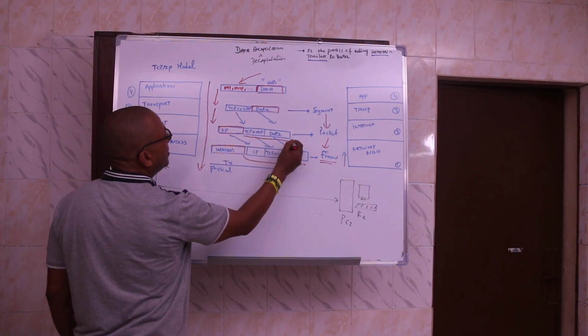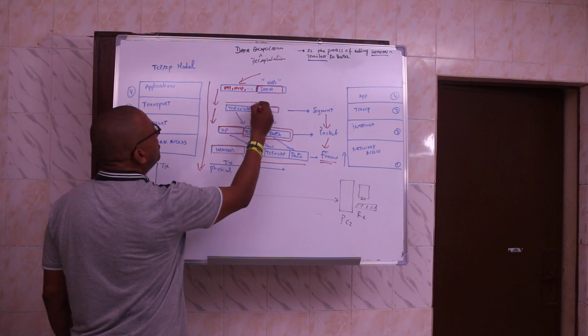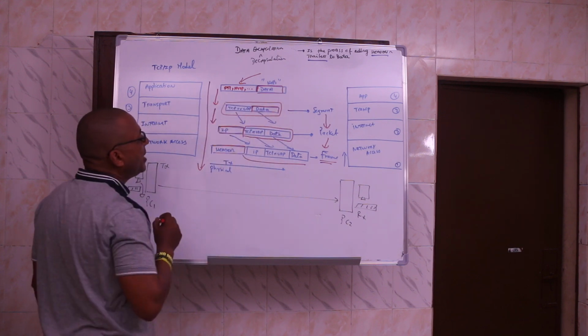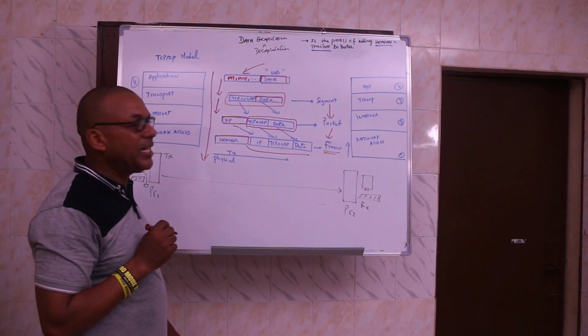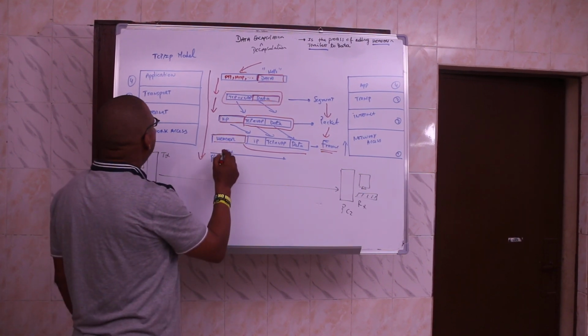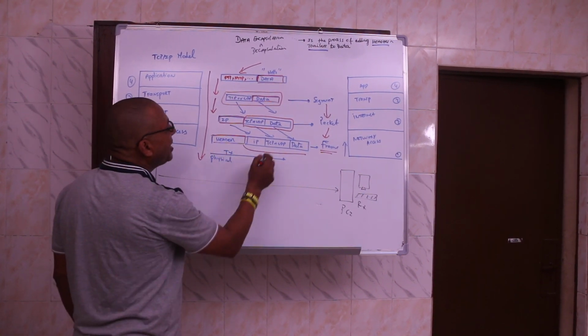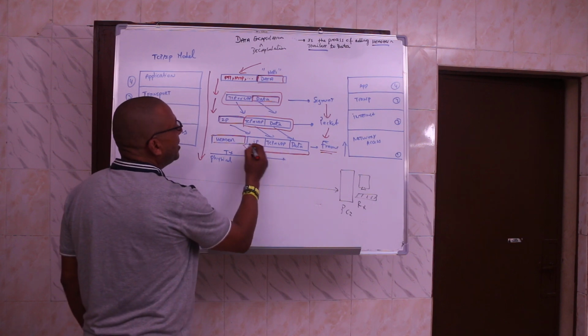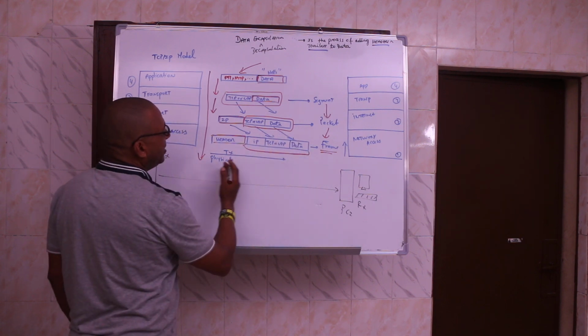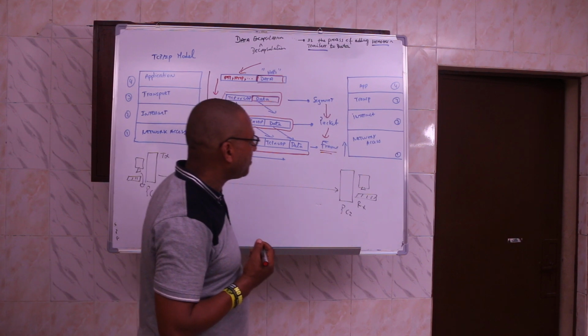This is the segment, which came from this. And then at the network access layer, we have another header, the access layer header, added to the packet to create a frame. And then after that, transmission happens.